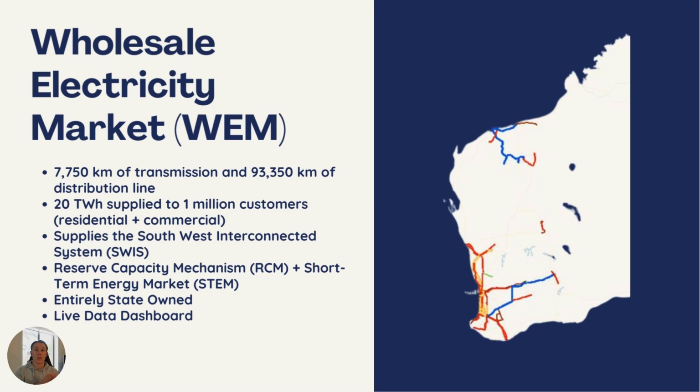The RCM portion of the market is very characteristic of your firm generation, for example your coal-fired power plants of the past, your gas-fired turbines, etc. That real firm generation that can ramp up and ramp down as required. Now, the STEM market is really geared toward your renewable generation and also your batteries.